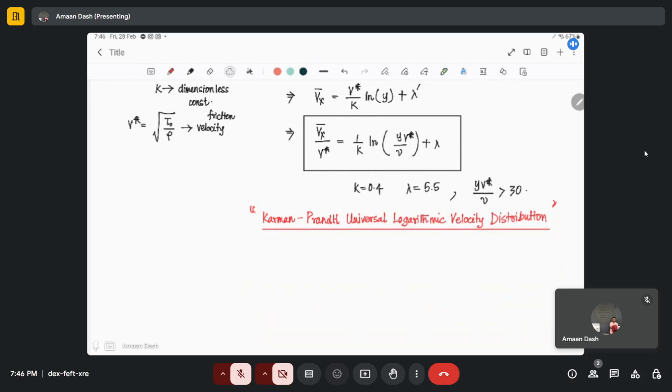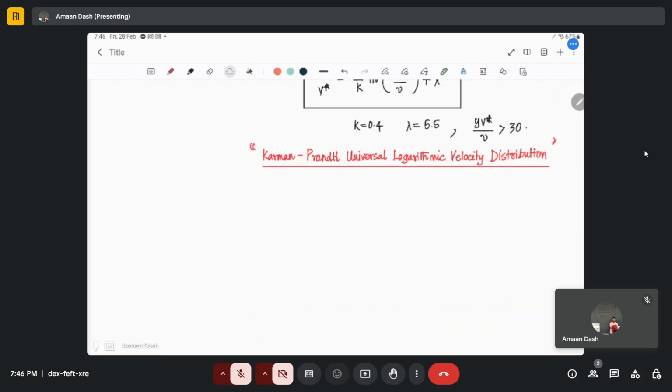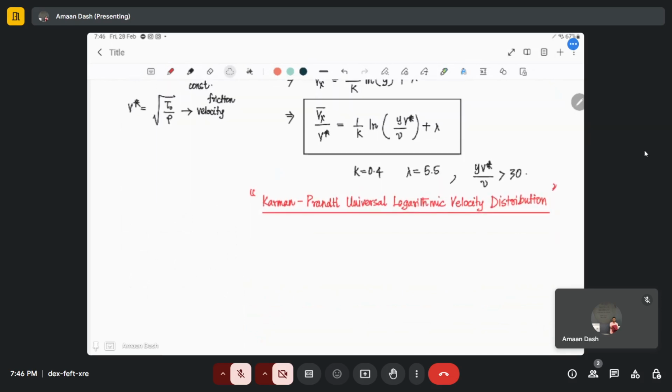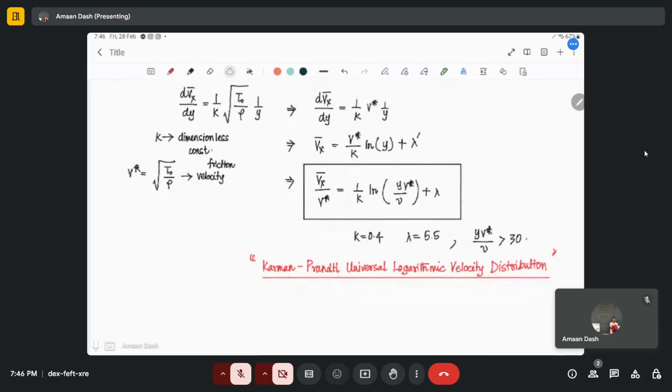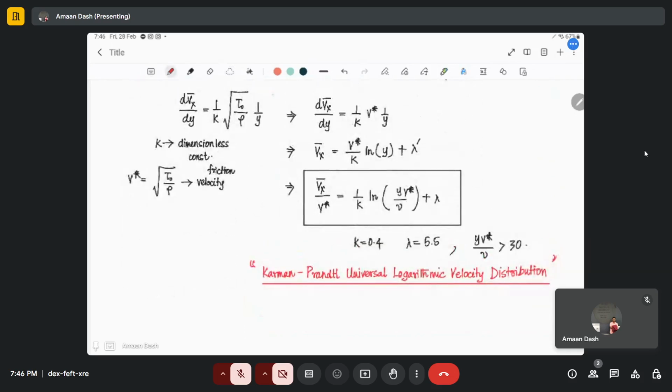So later it was also suggested that the right side of the equation should be multiplied by some function of Reynolds number, because Reynolds number is also one of the parameters that defines turbulent flow.